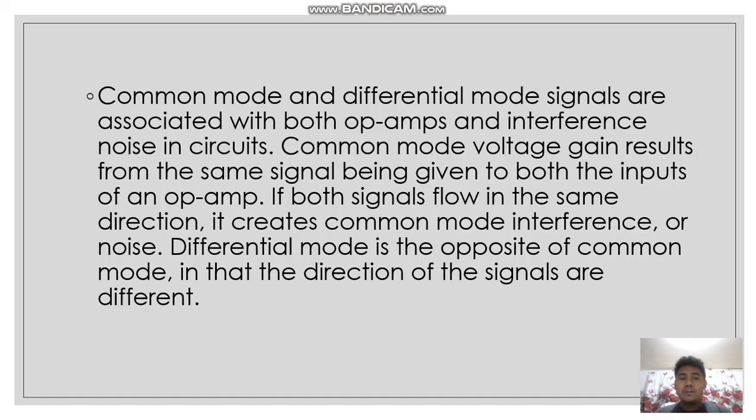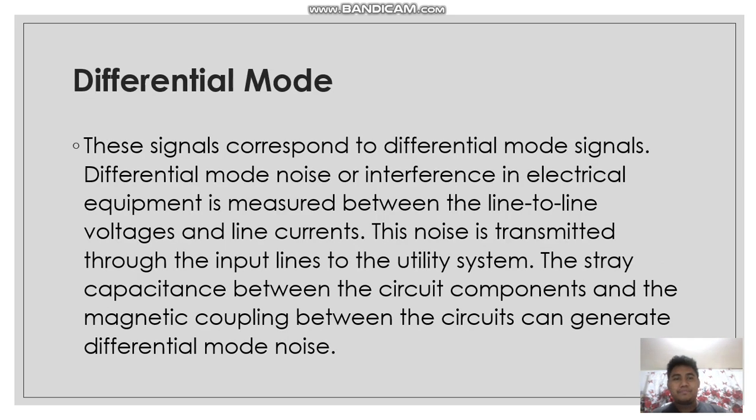So first, what are the common and the differential mode? Common mode and differential mode signals are associated with both op amps and interference noise in circuits. Common mode voltage gain results from the same signal being given to both the inputs of an op amp. If both signals flow in the same direction, it creates common mode interference or noise. Differential mode is the opposite of common mode in that the directions of the signals are different.